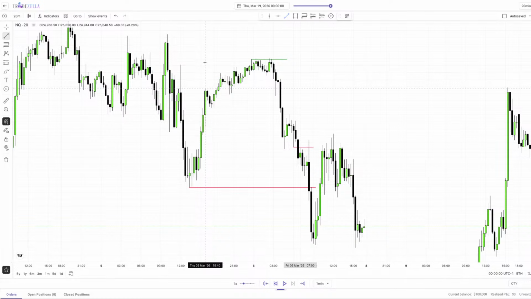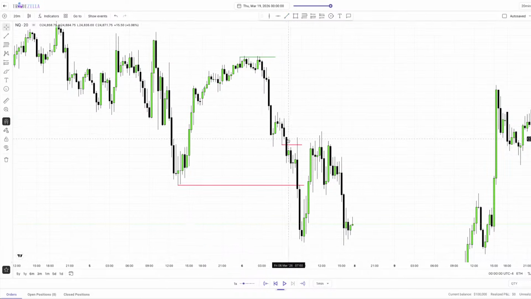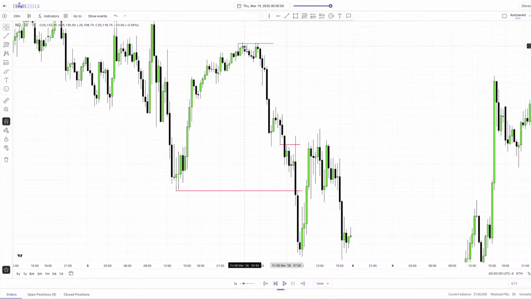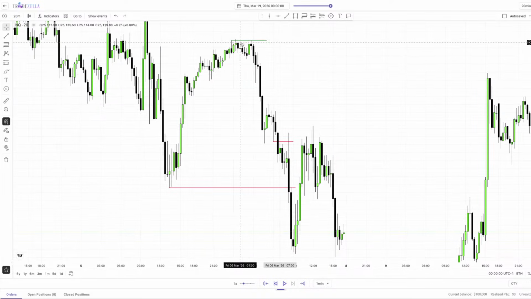So as you can see here, we only have one displacement to the downside again. And here on top, we can see that we only wicked above the IPTA high. So this is also very signaling to you that we are very weak.